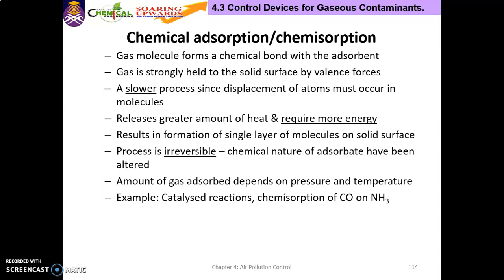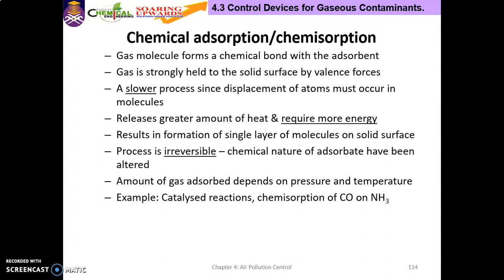For chemical adsorption, or you can call it chemisorption, the gas molecule forms a chemical bond with the adsorbent, with the material, with the surface. So gas is strongly held to the solid surface by valence force, and this is a quite slower process since displacement of atoms must occur in molecules because some reaction occurs.